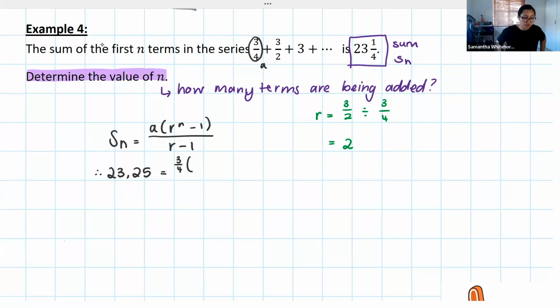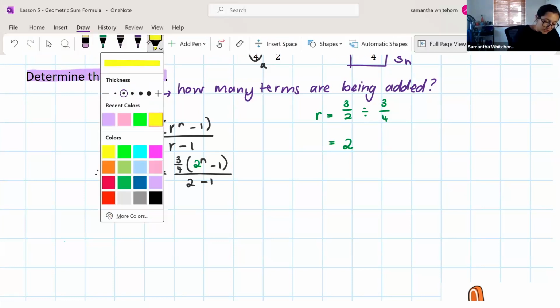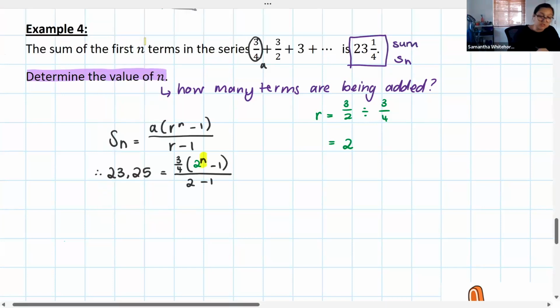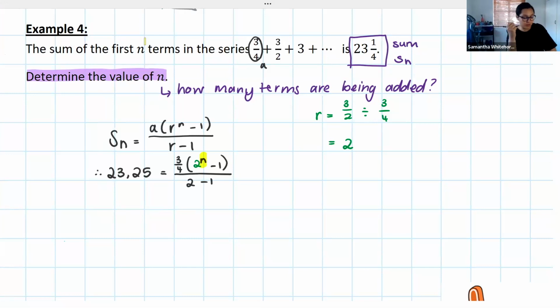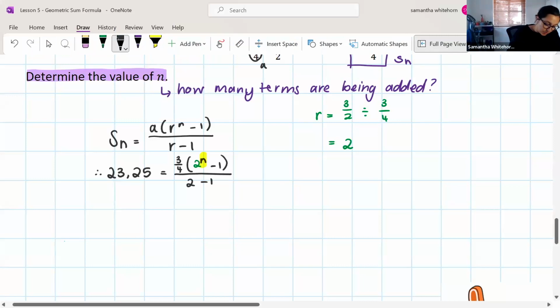We're taking term 2 and dividing it by term 1. And so the sum is 2 to the power of n minus 1, all over R, which is 2 minus 1. Now again, grade 12s, be mindful of what it is you're trying to solve. We're trying to solve for this exponent. Because it's going to be an exponential equation, it's going to be very similar to what we did earlier. In terms of the denominator of this fraction, 2 minus 1 is 1.